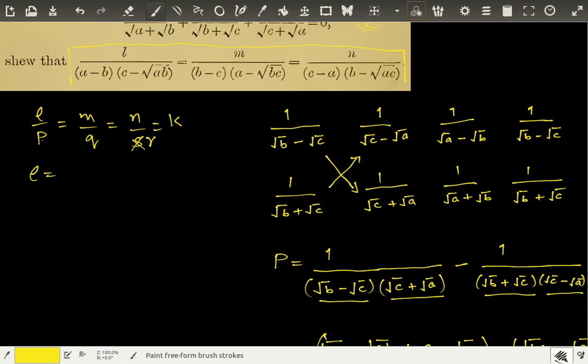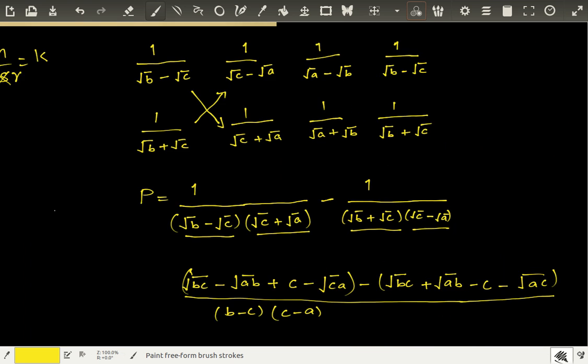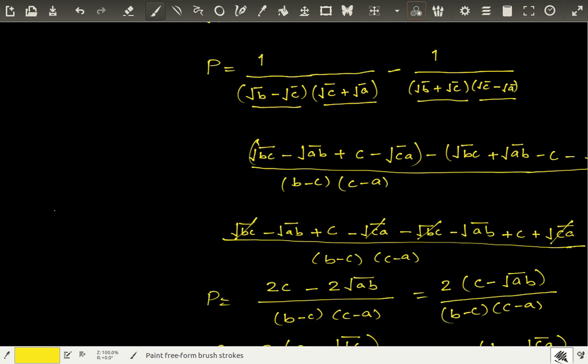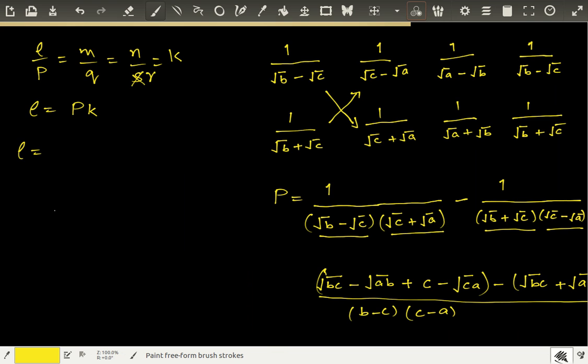First, let us find out what we can write about l. l can be written as p times k. So what is p? p is 2 times root of c minus ab, b minus c, c minus a, times c minus root ab, divided by b minus c and c minus a, times k.